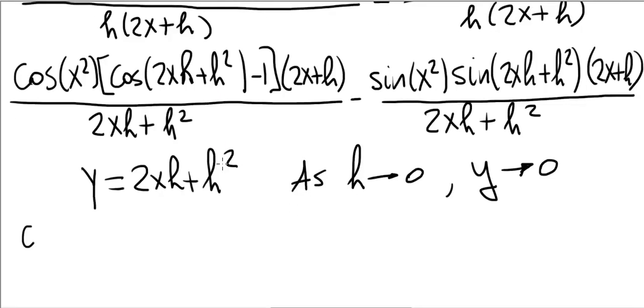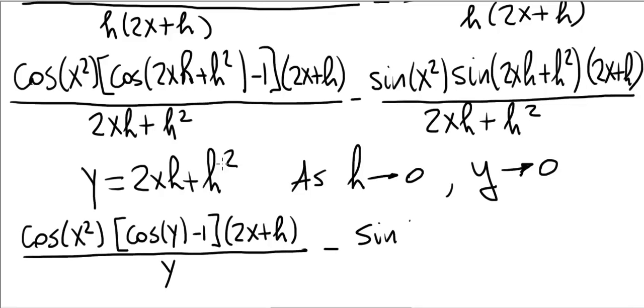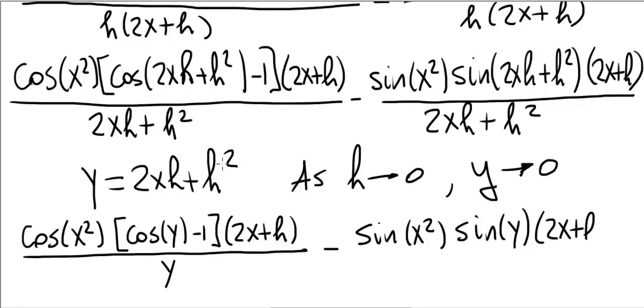So this looks like this: it's cosine of x squared times cosine of y minus 1 times 2x plus h, and this is divided by y, minus sine of x squared times sine of y times 2x plus h, and this is divided by y as well. Let's go to step 4 and compute the limit.